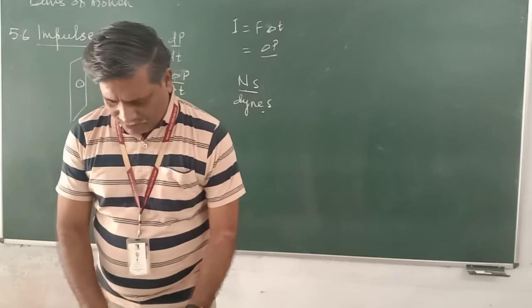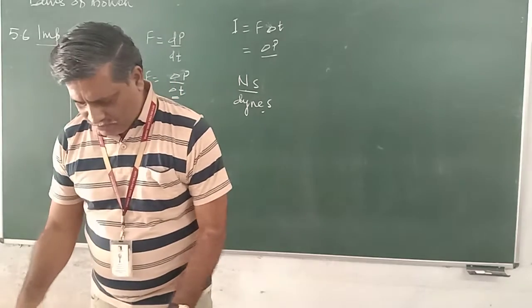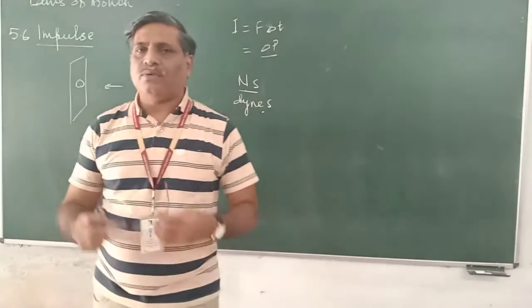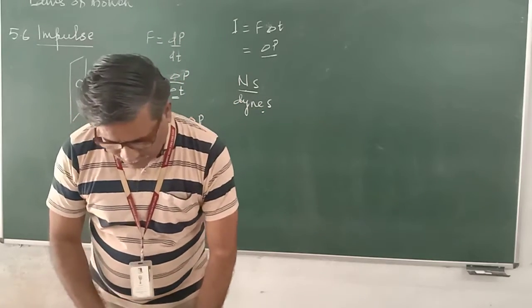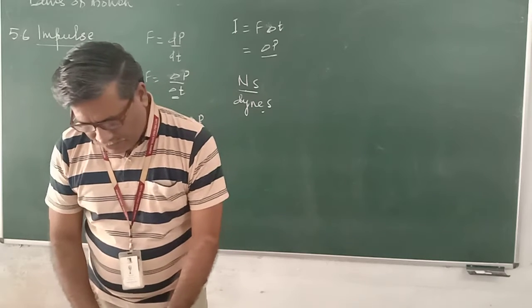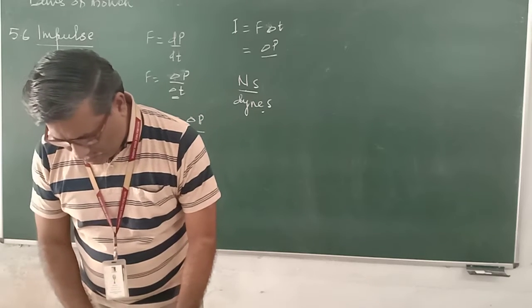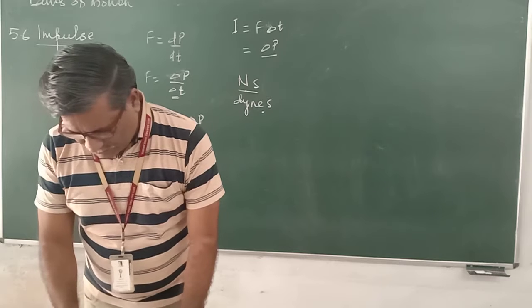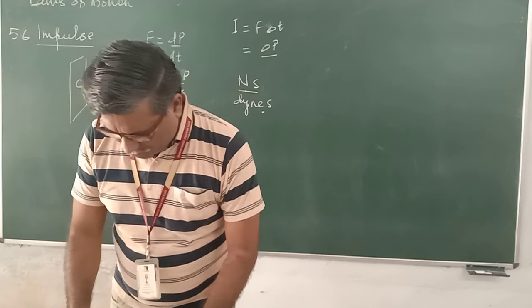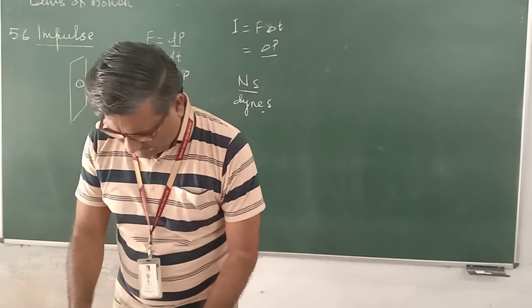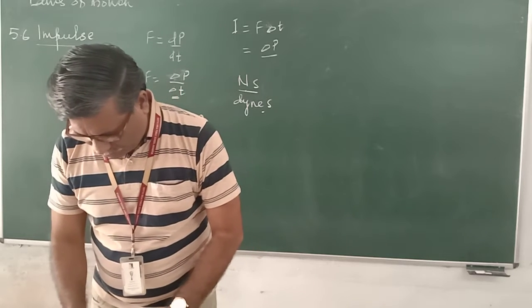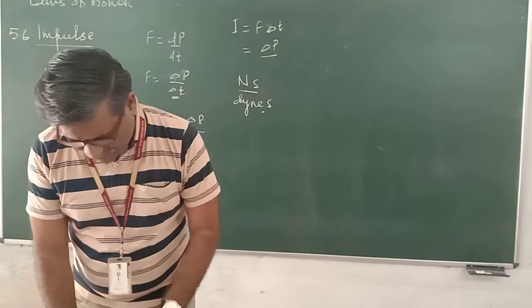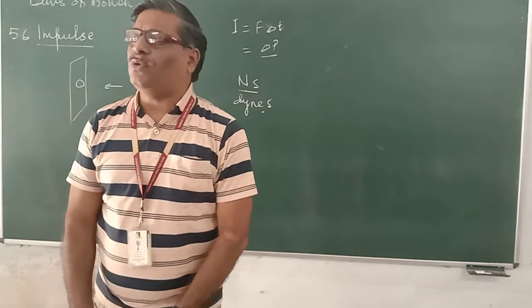It's problem number 5.4, page number 96. A batsman hits back a ball straight in the direction of the bowler without changing its initial speed of 12 meters per second.